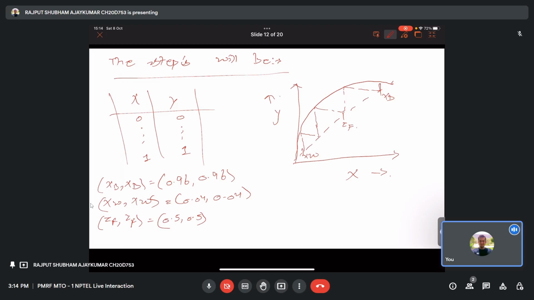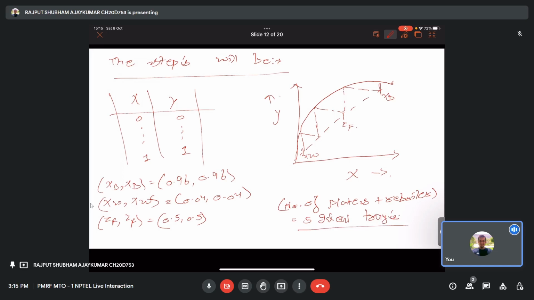If you draw it properly, you will get 5 plates and a reboiler. So it requires 5 ideal trays. This is how you can draw.